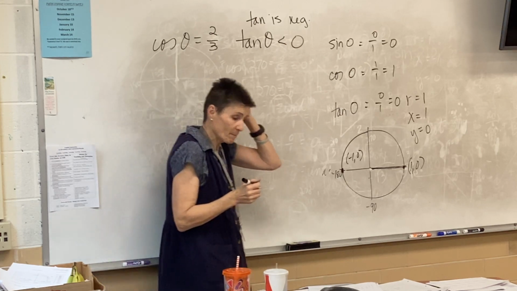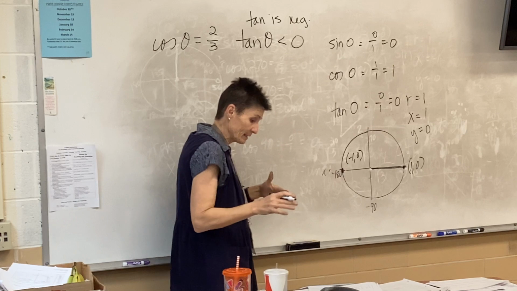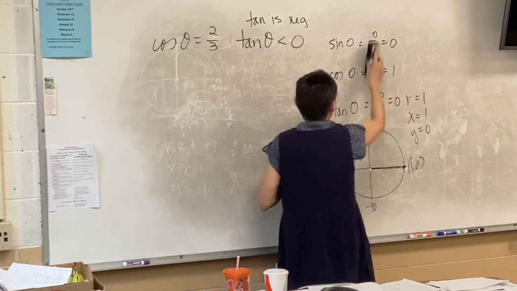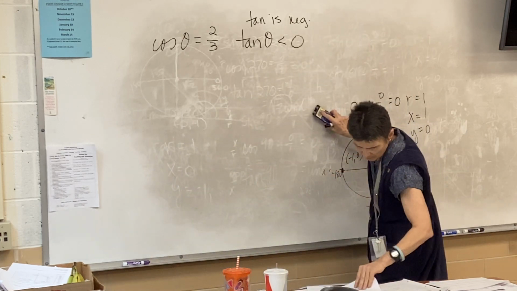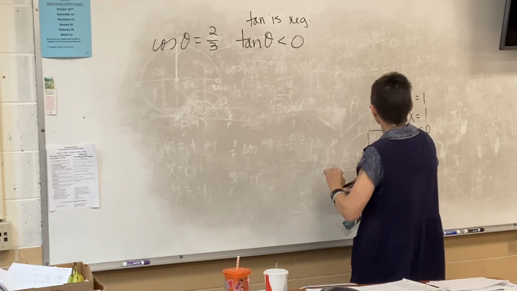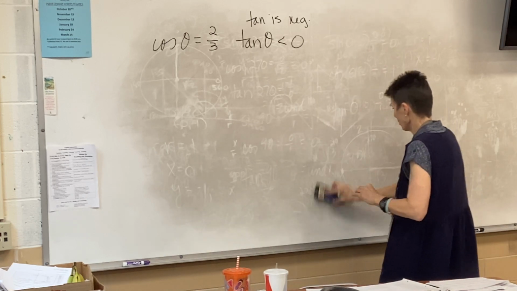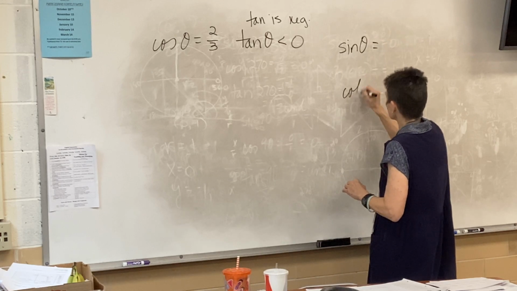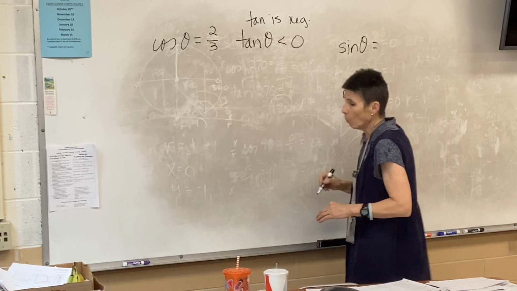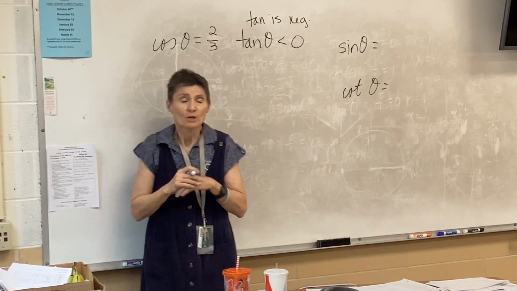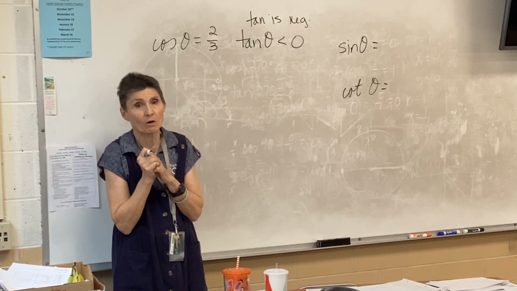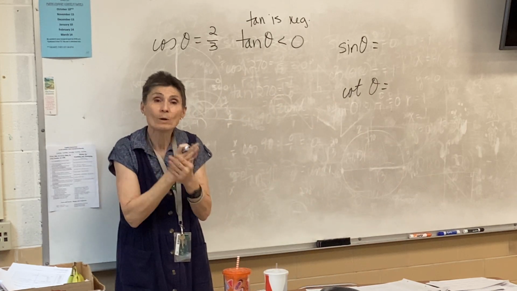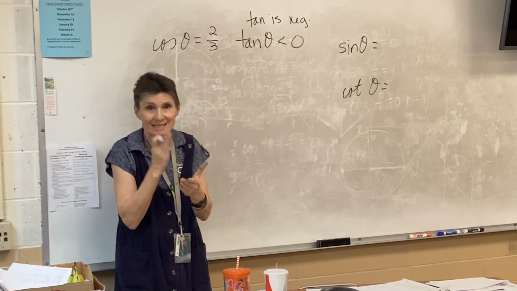Now the tricky part about this is, ultimately you're going to find the sine and the cotangent. And that part is not hard. You know how to find sines and you know how to find cotangents. What makes this tricky is you have to do some real problem solving to figure out which quadrant it's in.